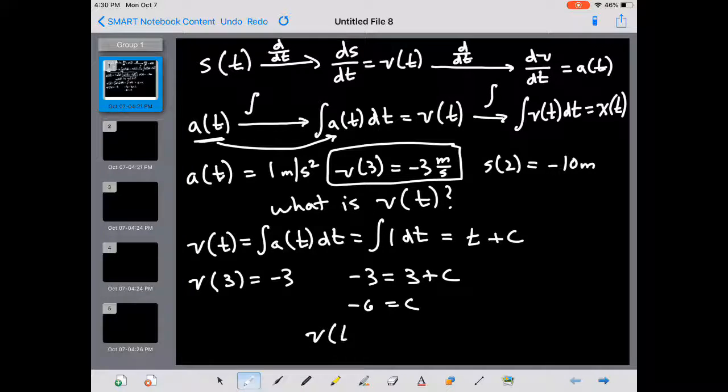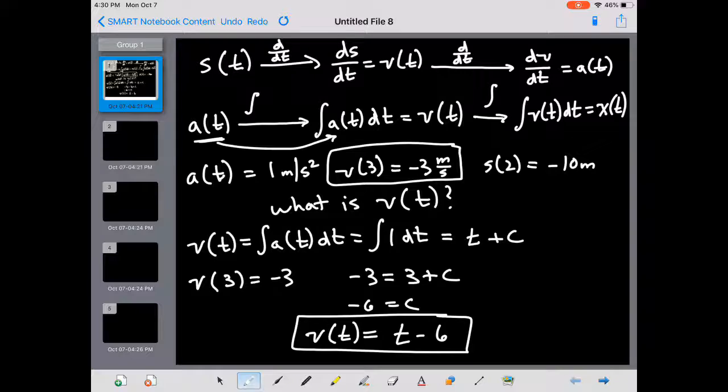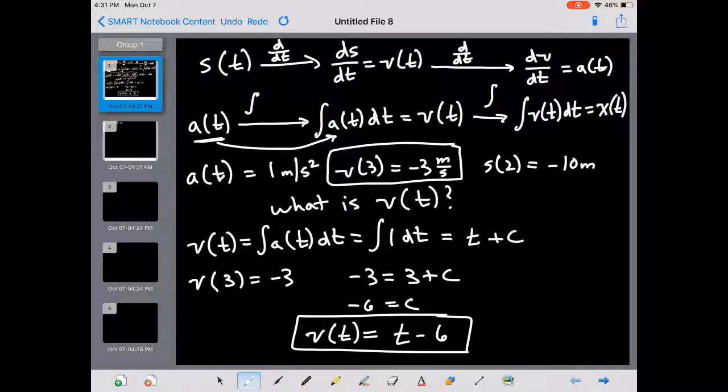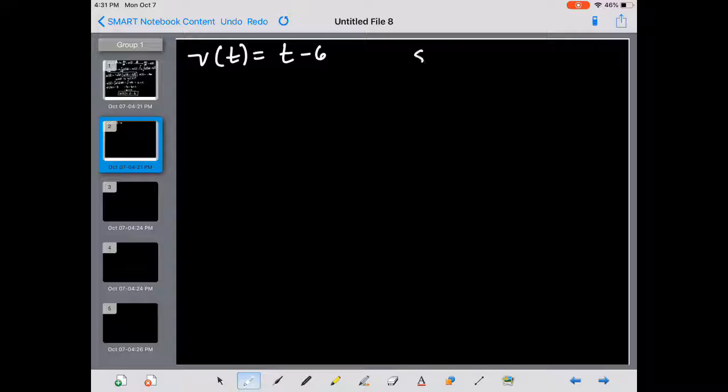So I end up getting that v of t is equal to t minus 6, all from the information that was given. Now, we can do the same thing with our position as a function of time. I've now got v of t equal to t minus 6, and our condition was that s of 2 is equal to negative 10.